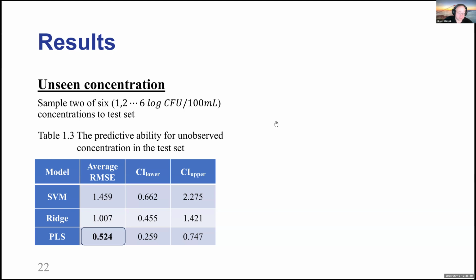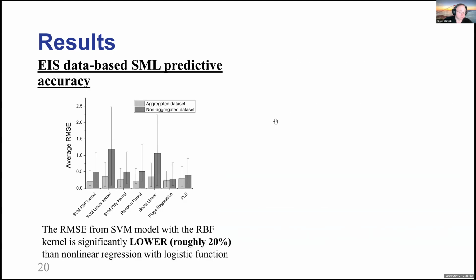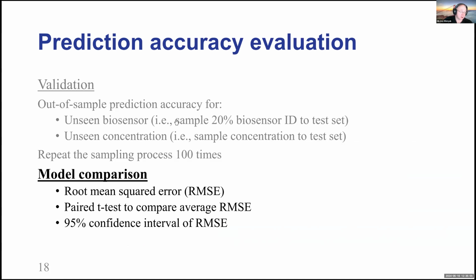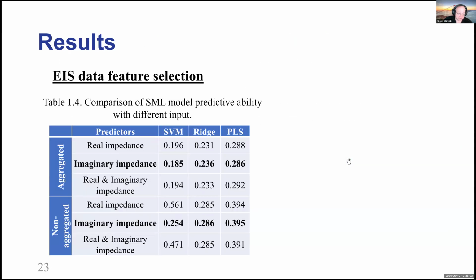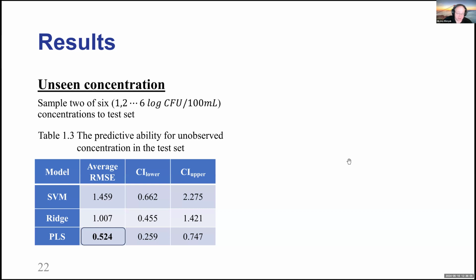It is interesting that some of the better models, such as ridge regression for unseen biosensor, were not competitive when we apply this to predict the unseen concentration. Again, the take-home message is that in order to make this more practical, one would like to have a greater range of low concentrations for the training data.